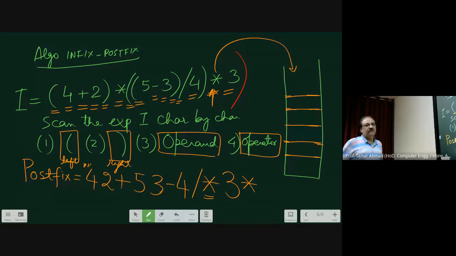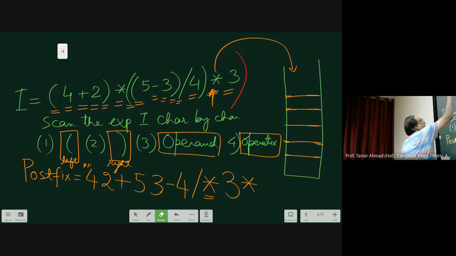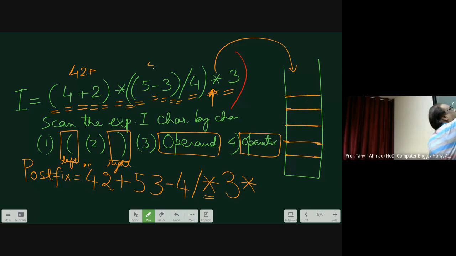Now let us show you whether it works or not. Let me try to do it manually. Here, this will become 4 2 star plus. Correct? This will become 5 3 minus.